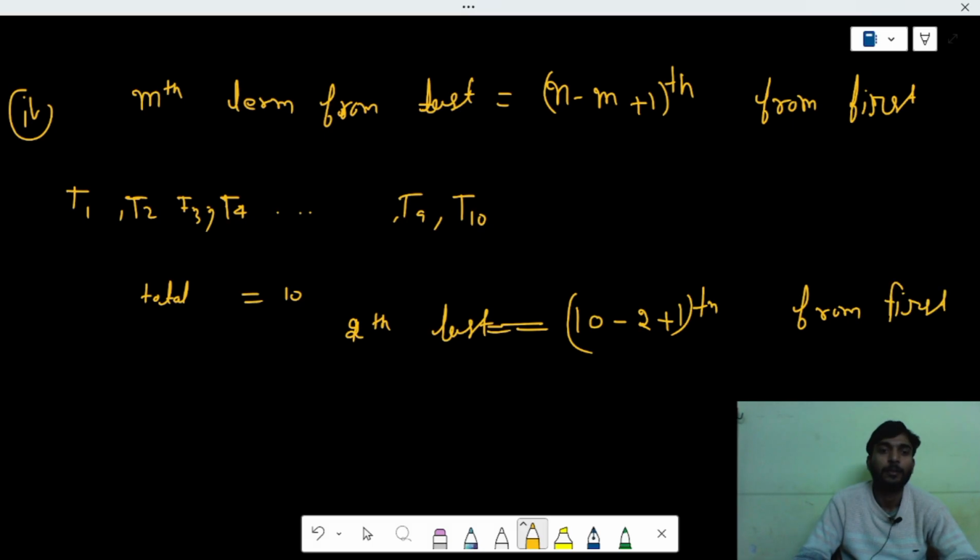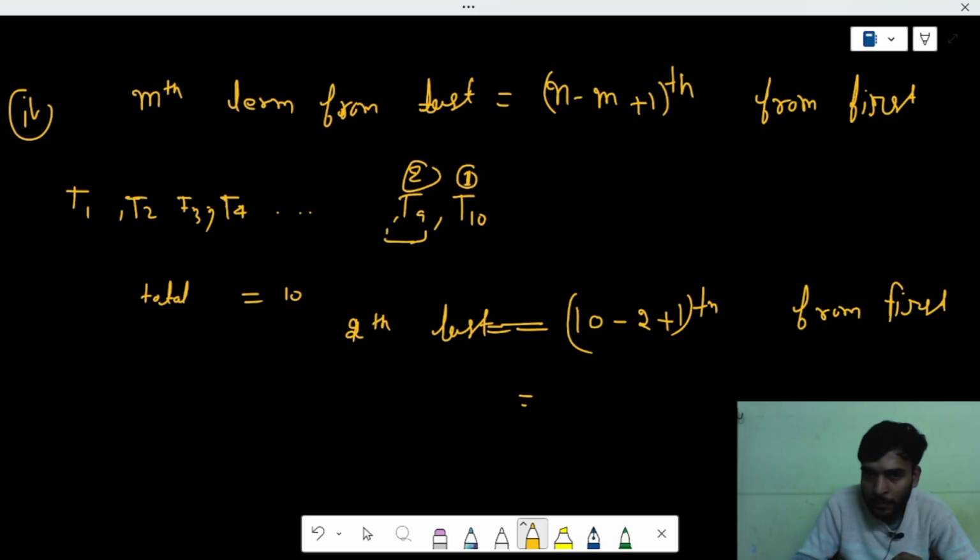From last, we can see that this is the first term from last, this is the second term from last, and we calculate the 9th term.